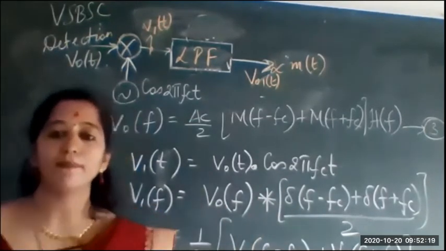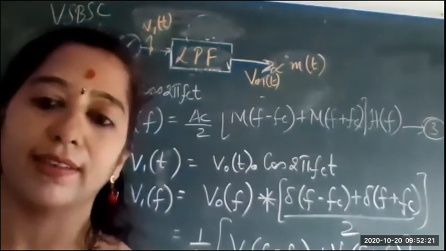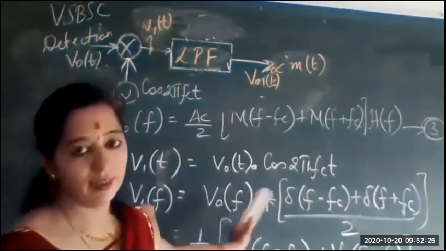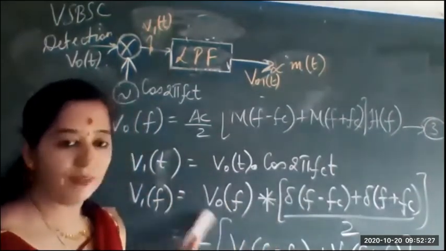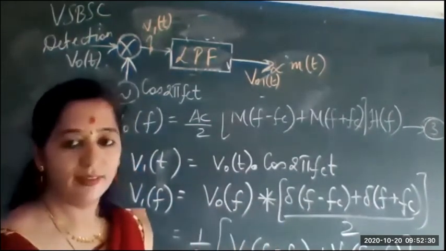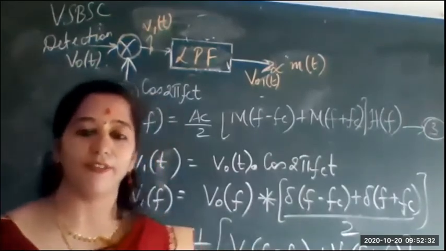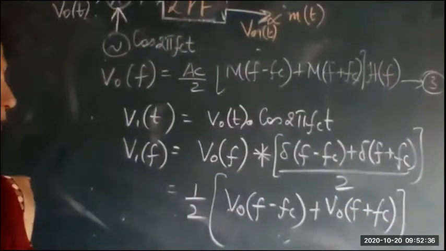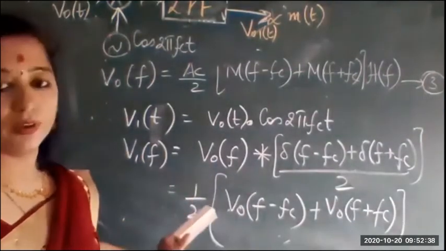That's the basic property of convolution with impulses. So wherever the impulse exists, the given signal V naught of F exists there. V naught F minus Fc plus V naught F plus Fc. So this is the output.